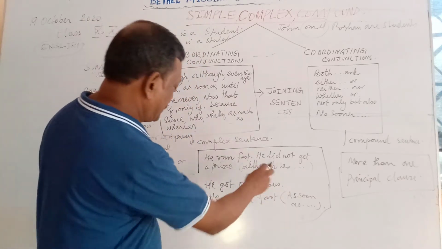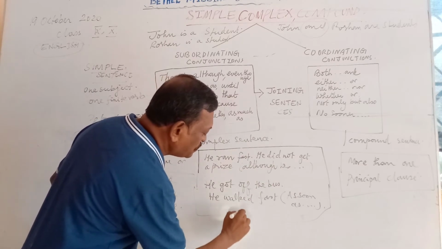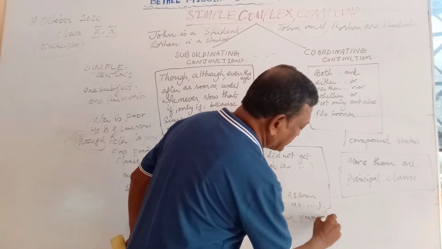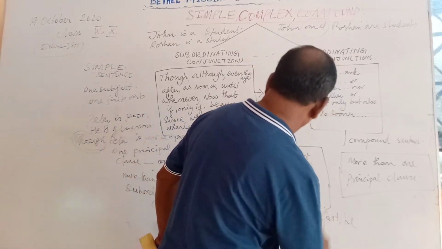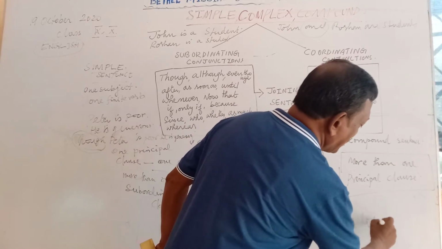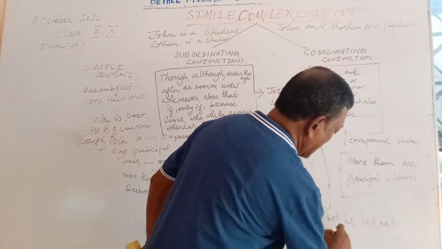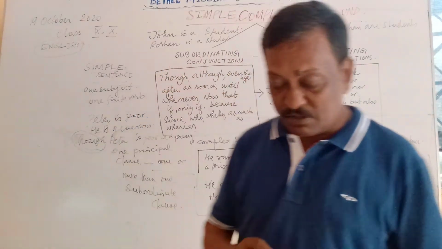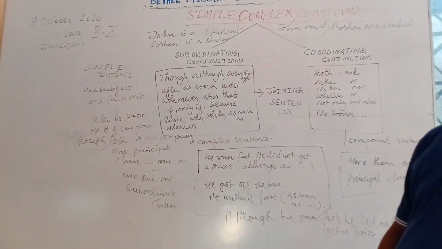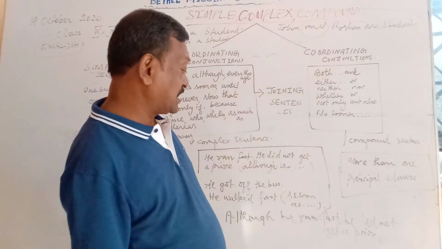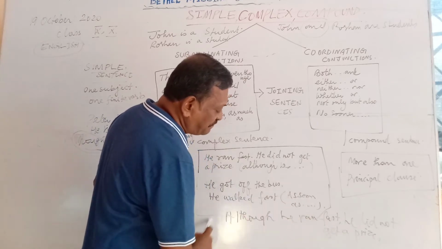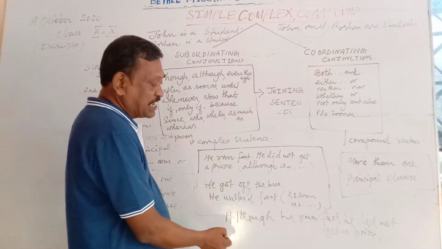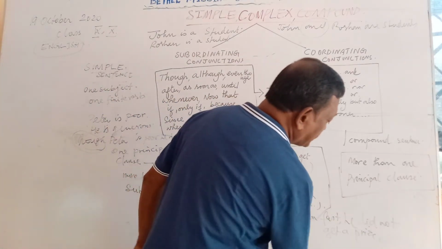Look at this: Although he ran fast, he did not get a prize. I repeat the sentence. Although he ran fast, he did not get a prize. Now, look at the sentence carefully. Although he ran fast. Although is a conjunction that comes at the beginning of the sentence. And look at this: he did not get a prize.